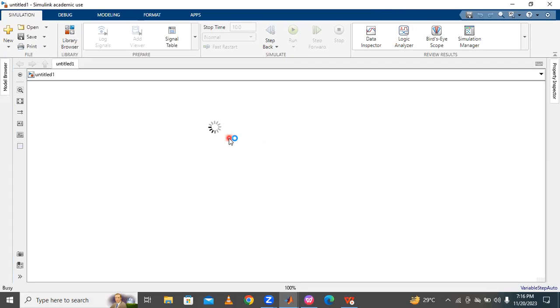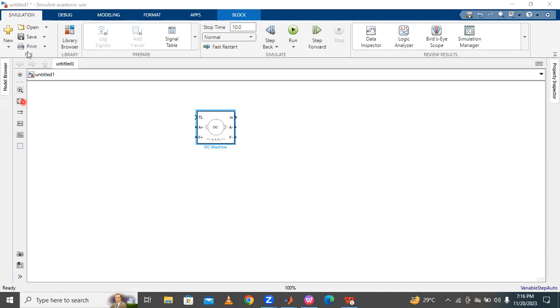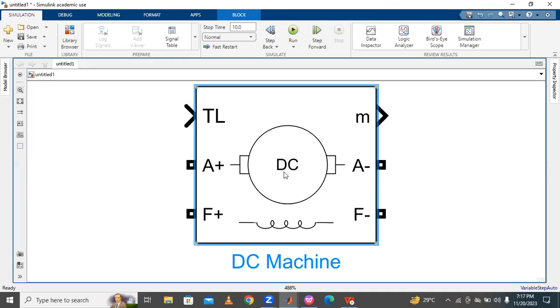Then open like this. Initially, it takes some time to open these components. Like this is called the DC machine. The DC machine in MATLAB looks like this.